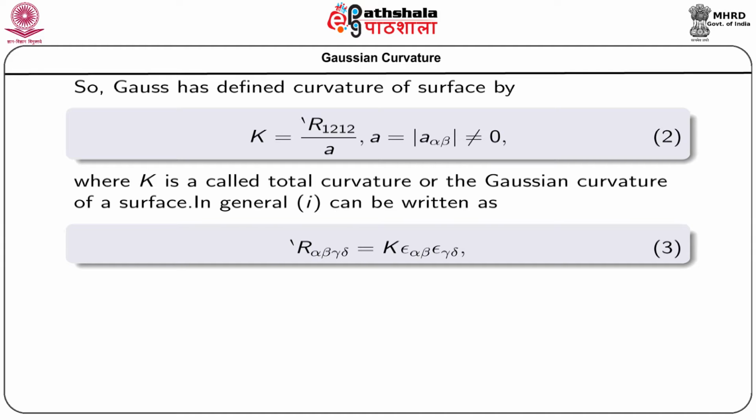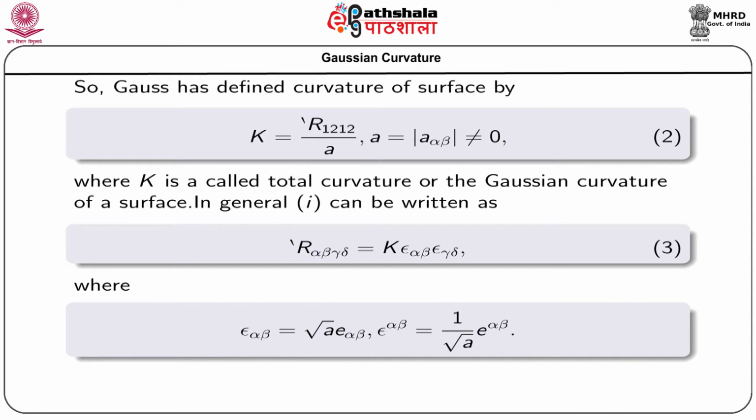So, in permutation tensors we can express this R' alpha beta gamma delta in the following way, where epsilon alpha beta is equal to root a e alpha beta and epsilon upper alpha beta equals 1 by root a e upper alpha beta, where e alpha beta and e upper alpha beta are the E system which was defined earlier, and epsilon alpha beta are the permutation tensors.